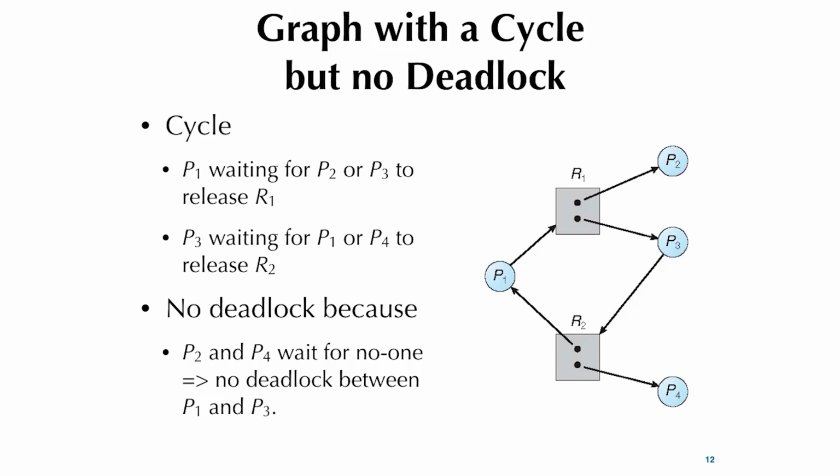So here P1 is requesting R1, but R1 is assigned to P3, and another instance is assigned to P2. P3 is requesting R2, but for R2 there are two instances, one assigned to P1 and one assigned to P4. And so why wouldn't this have a deadlock? Well, that's correct, because our assumption is that all instances are equivalent.